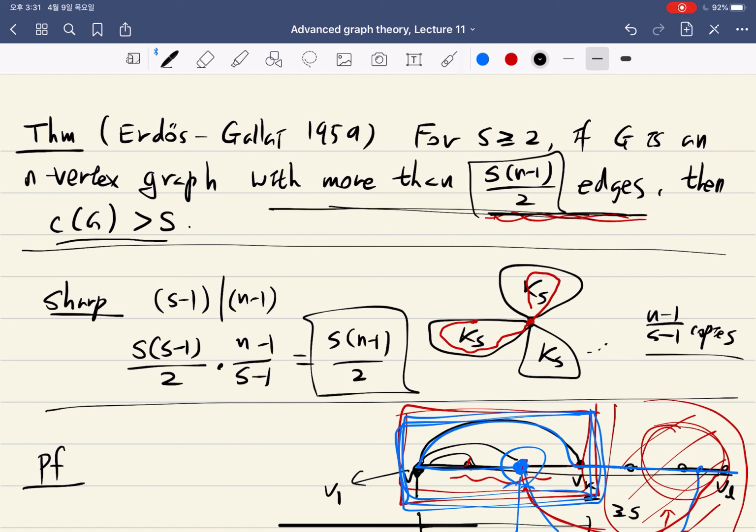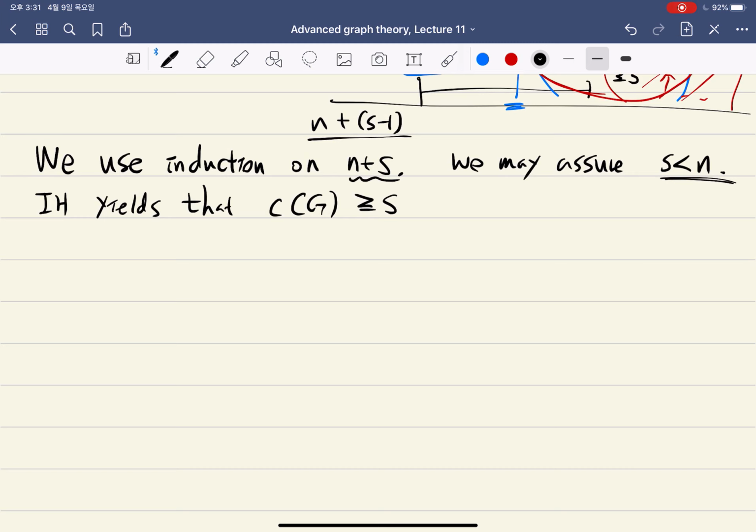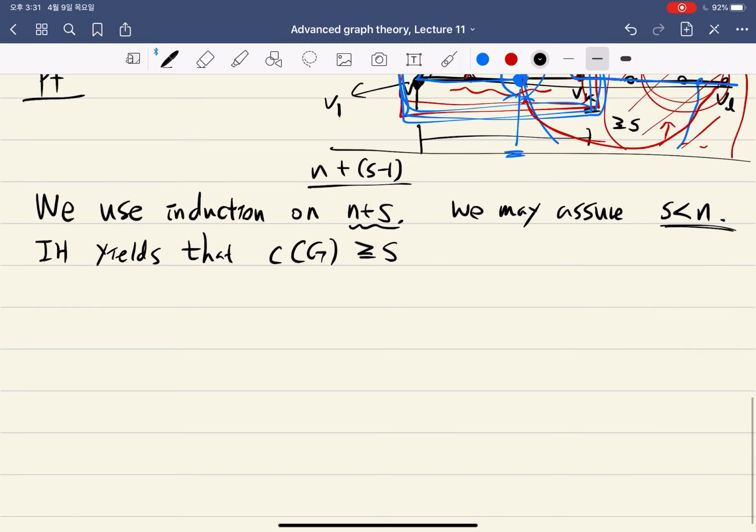Then this has the same condition, which is strictly bigger than the bound with s minus 1. So it says that the circumference is strictly bigger than s minus 1. So we know that its circumference is at least s. So suppose it's exactly s. If this is s plus 1 or above, then we are done.